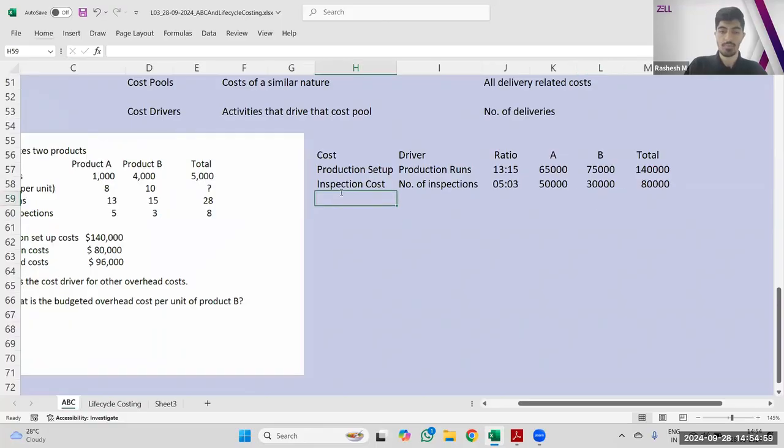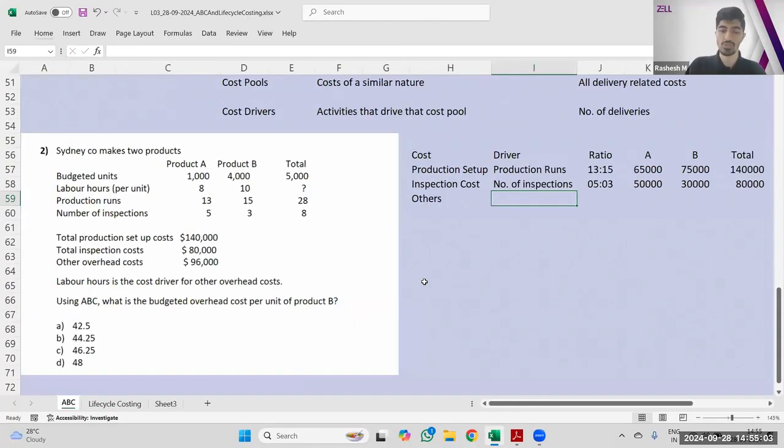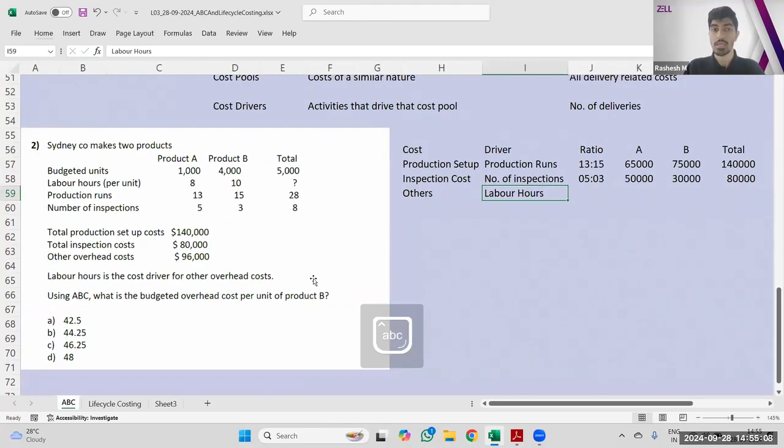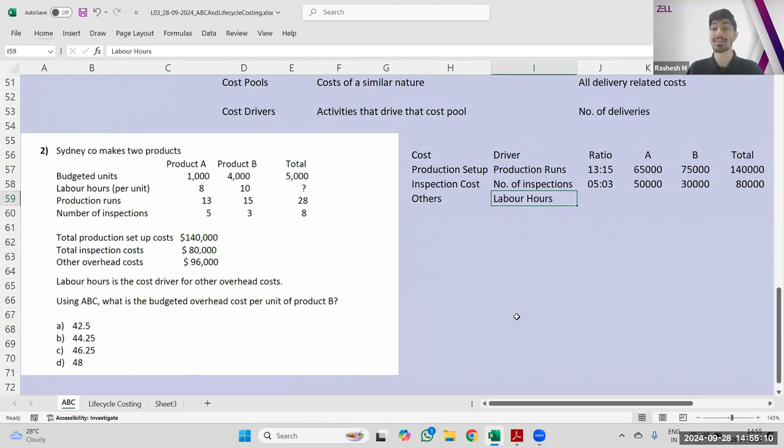Finally, other costs. Now for others, they have only told me labor hours is my cost driver. So tell me how many labor hours for product A? 8 is per unit. So should it be 8 or 8,000, which is 8 multiplied by 1,000? 8,000.